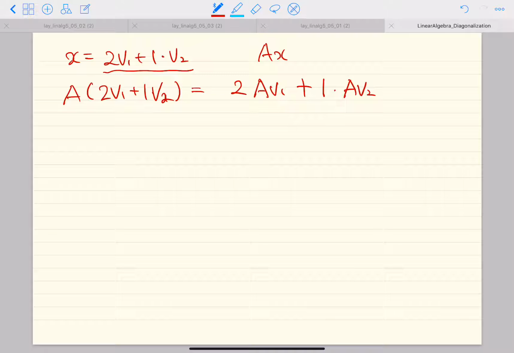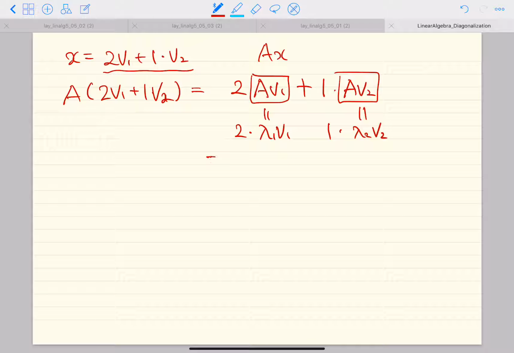Those two will be the same, right? But the reason we represent the input vector as a linear combination of eigenvectors is that each part can be easily computed as a scalar multiple of the eigenvector: 2 lambda 1 times v1 plus 1 lambda 2 times v2. That's the beauty of utilizing eigenvalues and eigenvectors.